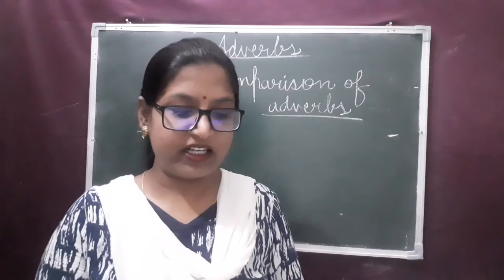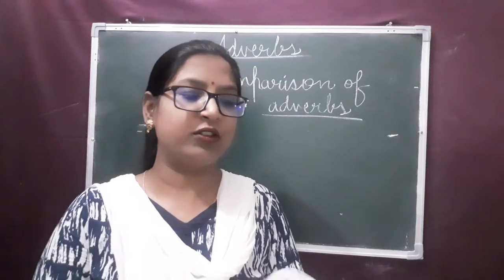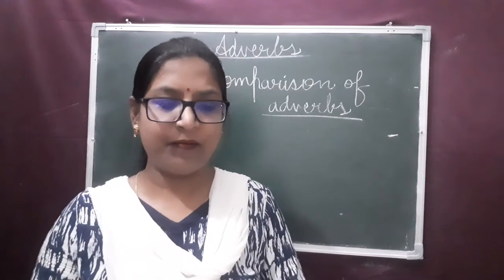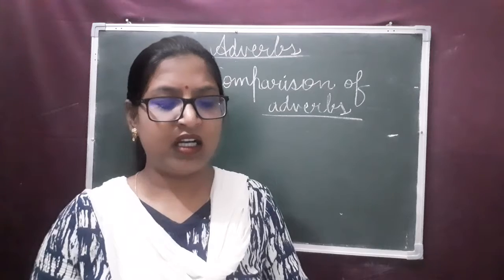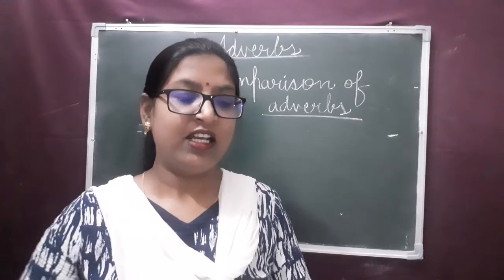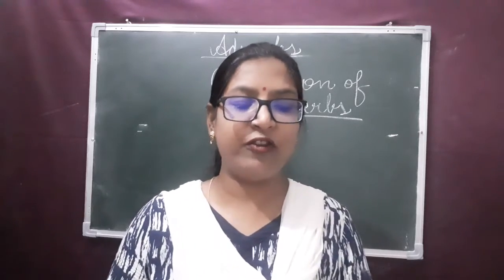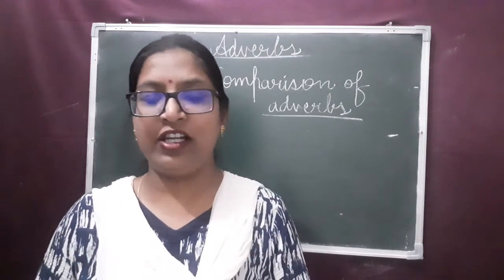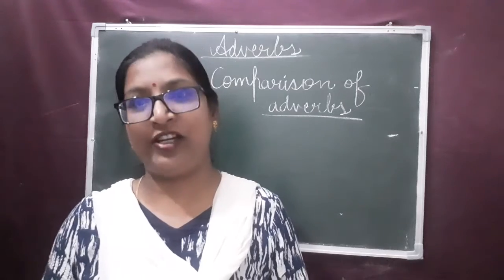Dear children, you can study the whole table from the book. Then here on page number 120, the list of irregular adverbs is given, in which all three forms are different.